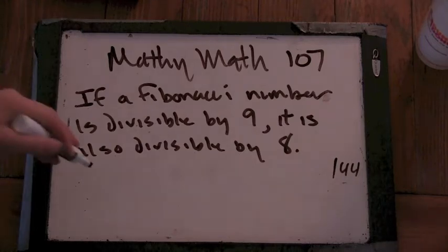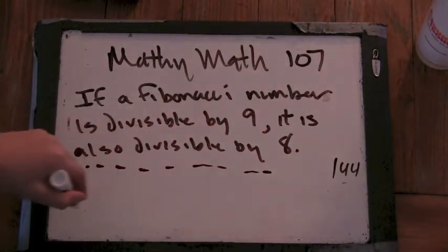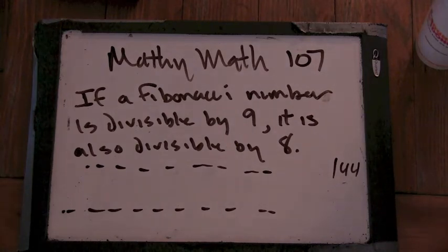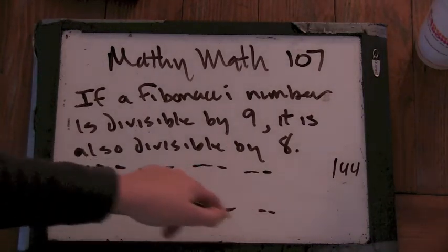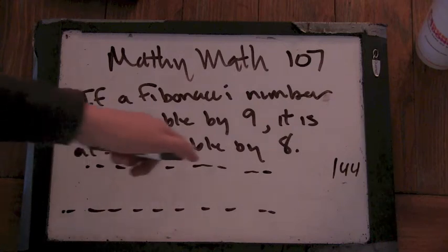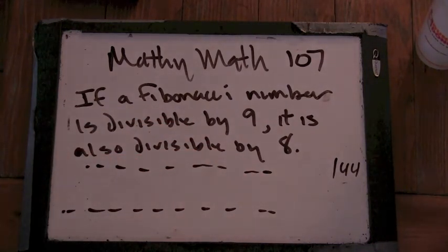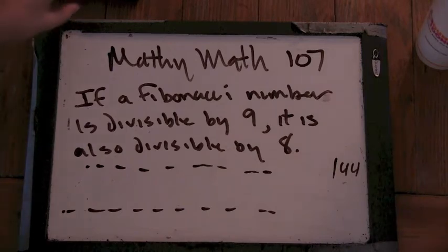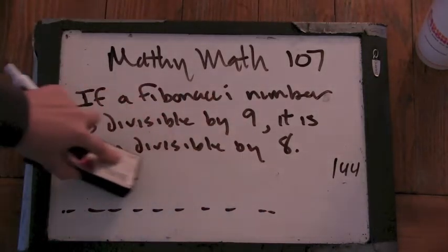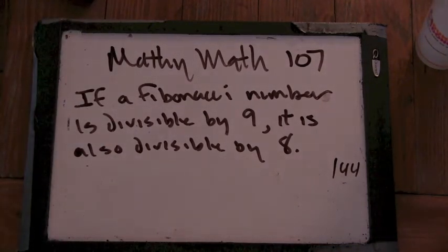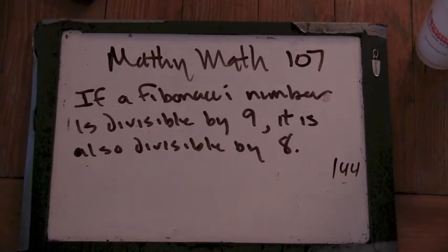Well, if you list out a bunch of multiples of 9, and you list out a bunch of Fibonacci numbers, if you find that there's a regular pattern for when you have a multiple of 9 that's a Fibonacci number, then you could probably say something about it. Okay, interesting. But how to do that would be the question. Because the Fibonacci numbers would get really big. Yeah, they get big pretty fast.